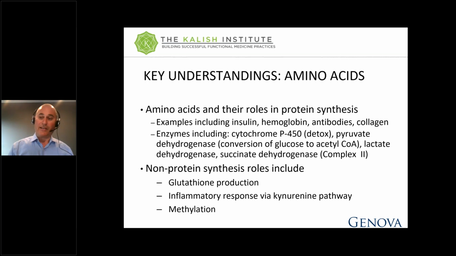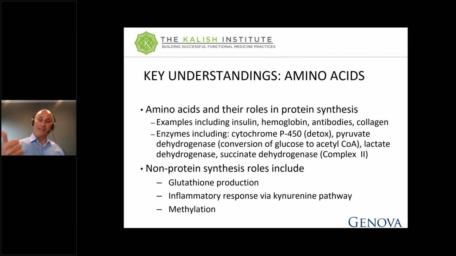What we usually think, or at least I usually used to think about amino acids, was in their non-protein roles. If you're not a biochemist, but you're a practitioner, I would guess you're like I was for 25 years, which is that you thought about amino acids almost exclusively in their non-protein roles, because that's how we learned them.